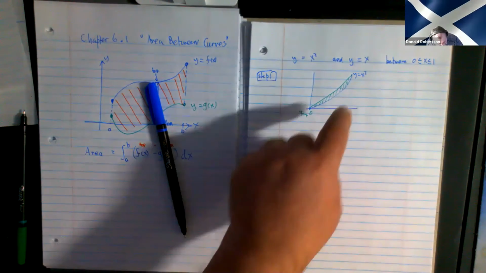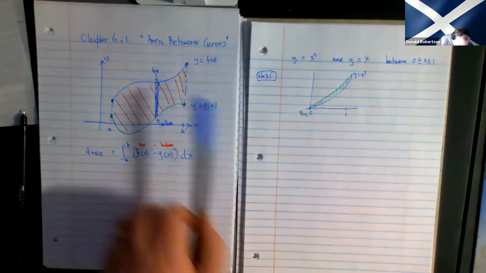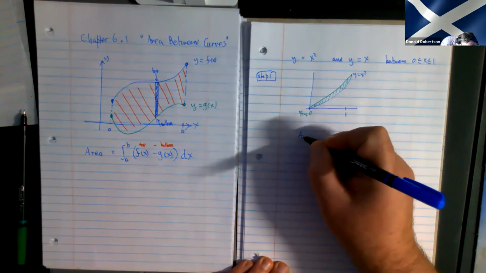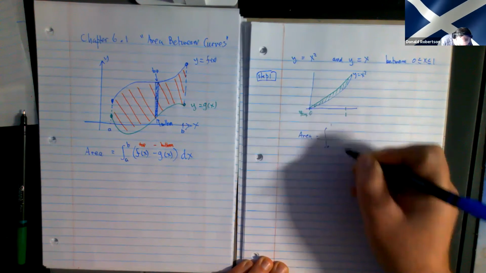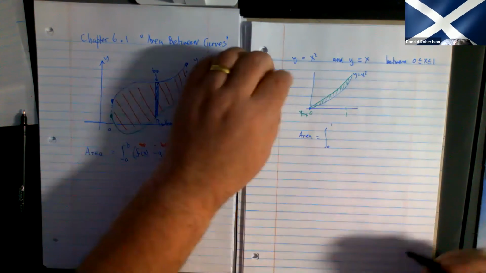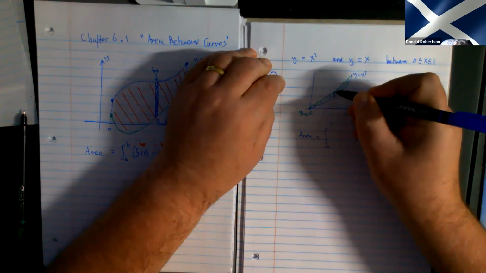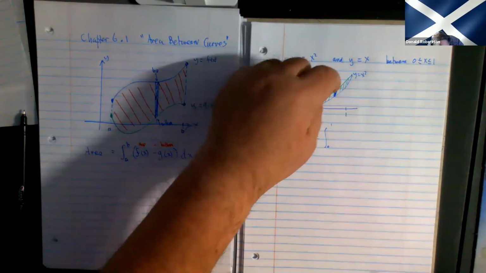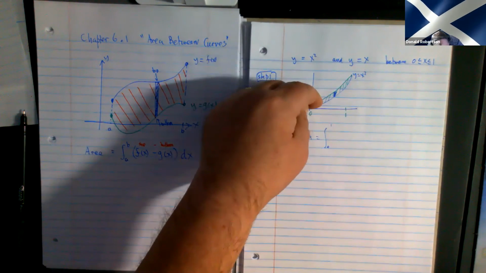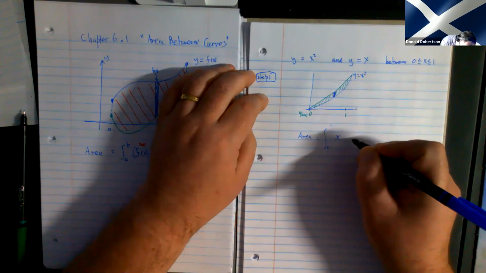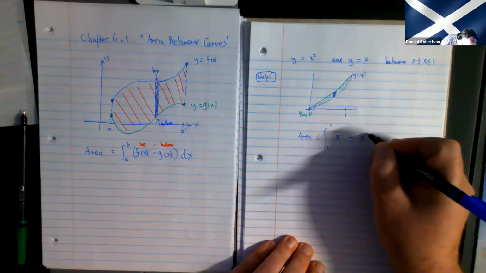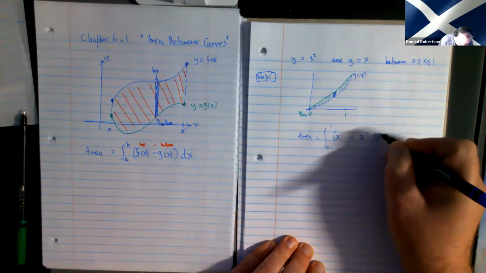Why is that helpful? Well, let me show you how I would set up the integral to calculate the area between them, that little banana. The area between them would be the integral from 0 to 1. If you imagine my little vertical strip there, isn't the straight line the top and the curve the bottom? So it's x, the straight line, take away x squared, the one underneath.